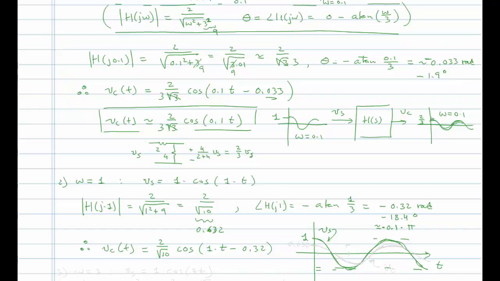So here a full half cycle would correspond to pi, and 1/10 of that is going to be hard to show, but we'll give it a shot here. And our magnitude is 0.632, so we're down here at 0.632 right here, and we're going to be delayed a little bit.